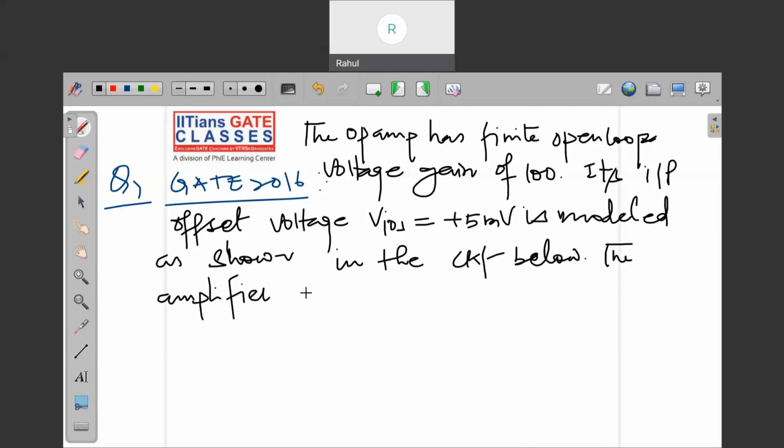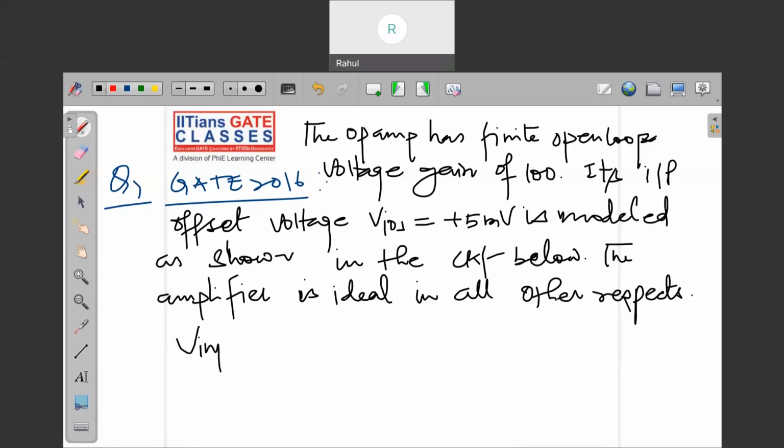V input they have given is 25 millivolt, right? So this is a question asked in GATE 2016 by IISc Bangalore.